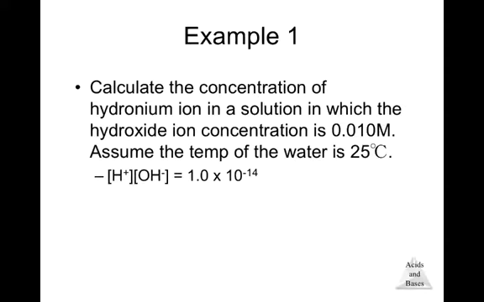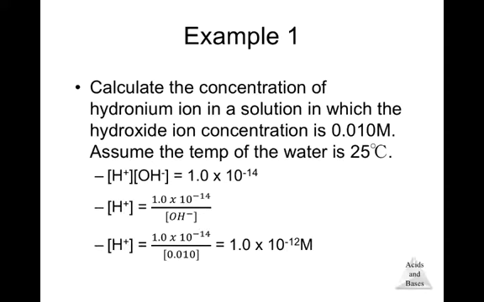Well, you know that the concentration of H times the concentration of OH equals your Kw, 1 times 10 to the minus 14. Therefore, your concentration of H is 1 times 10 to the negative 14 over the concentration of OH, and you know the concentration of OH from the problem, so this is what you get. The concentration of H plus ions is 1 times 10 to the minus 12 molar.